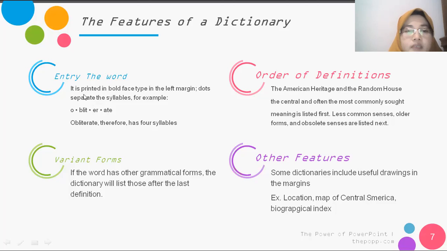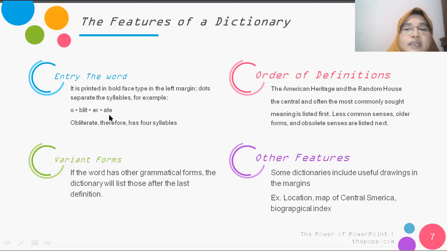Usually the entry words in a printed dictionary are in bold, in the left margin. Sometimes dots separate the syllables. For example, this is the spelling, and then this is separated by syllable.